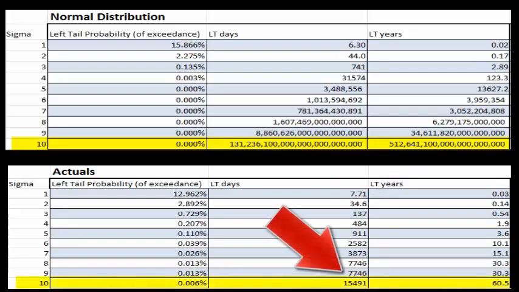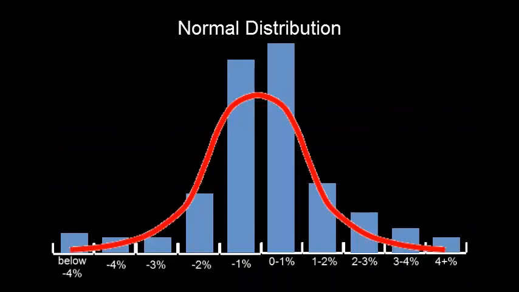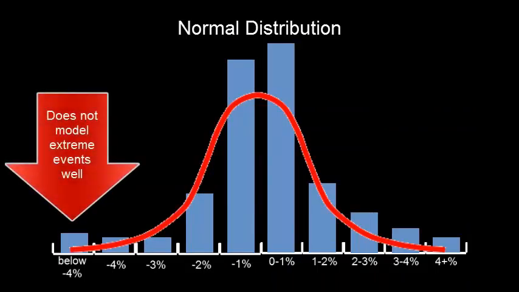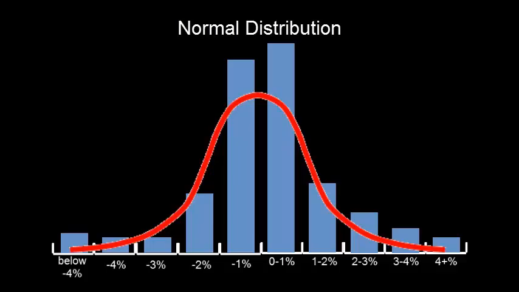Given these limitations, it may be natural to ask what distribution models can more accurately measure extreme events or asymmetrical return distributions. There are more distribution models than can be covered within this tutorial that address these concerns, such as log normal, stable, or mixture distributions.